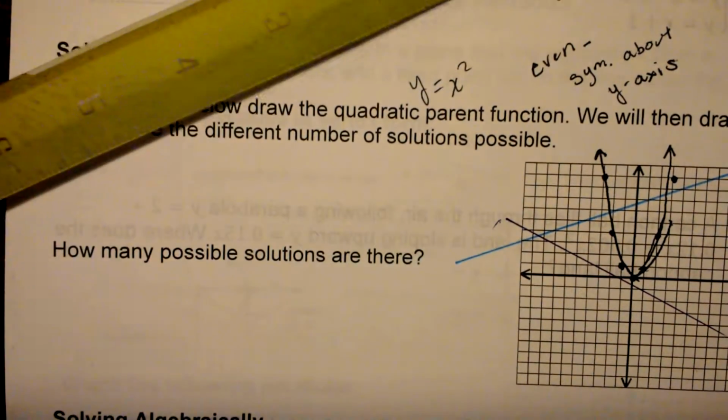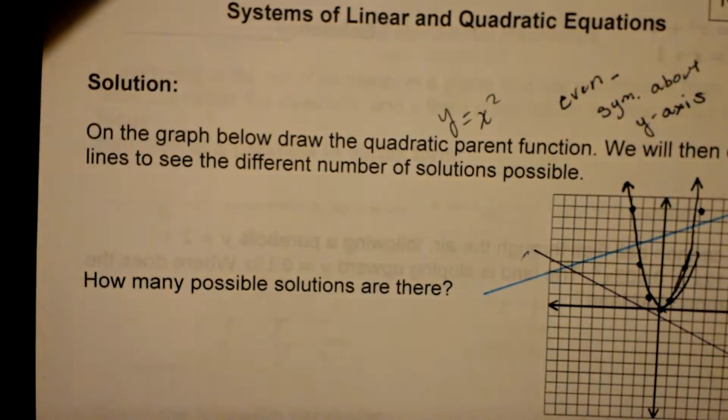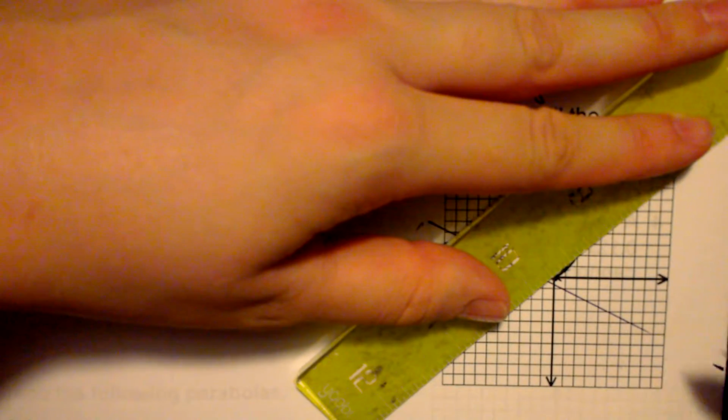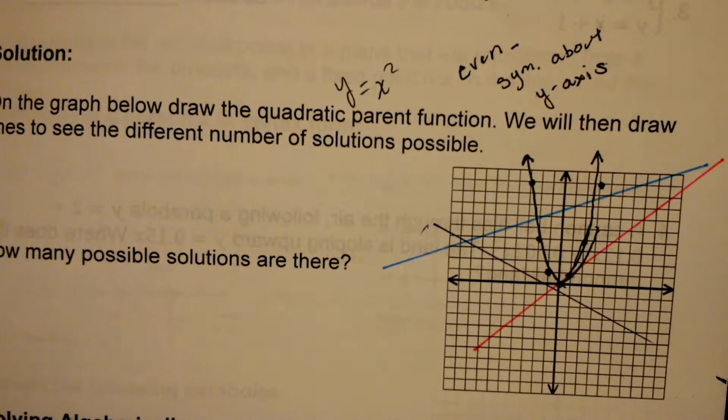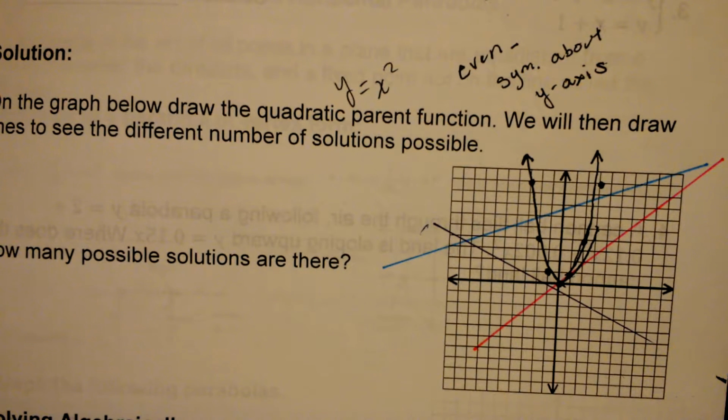So that's my 0. What if I had a line that crossed around here? I'm going to say it's close enough that it only crossed once.